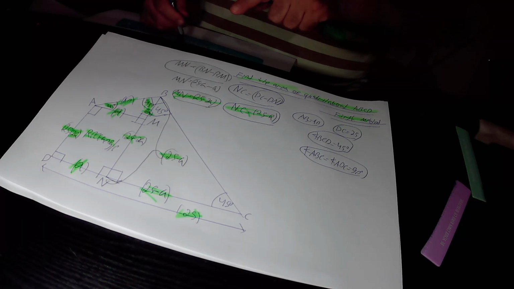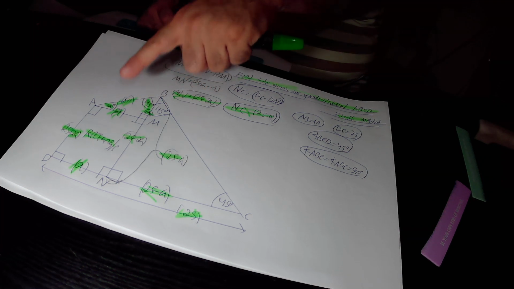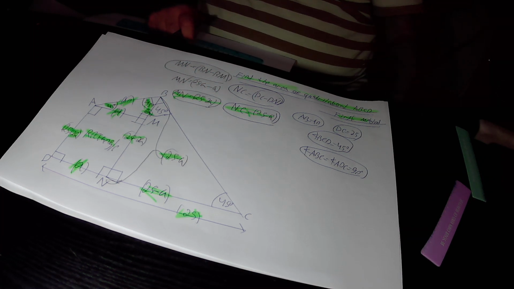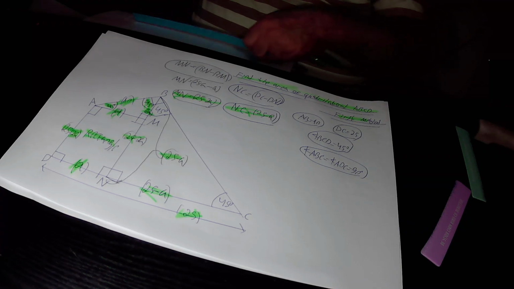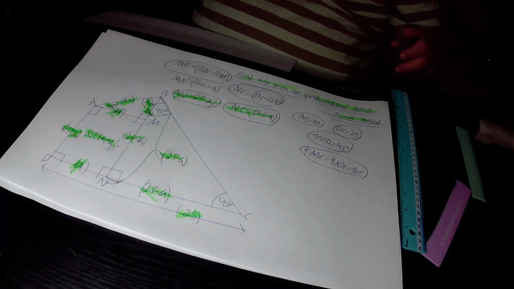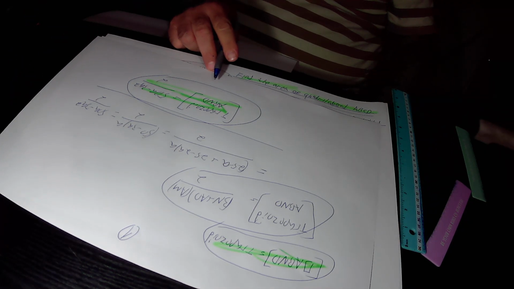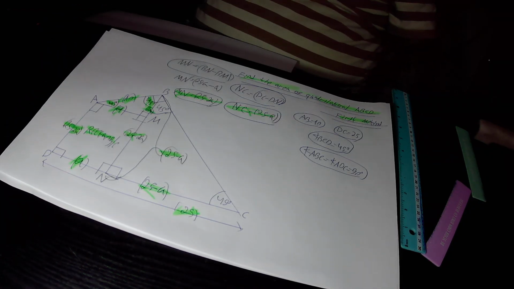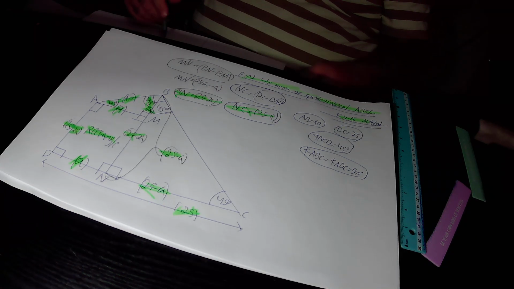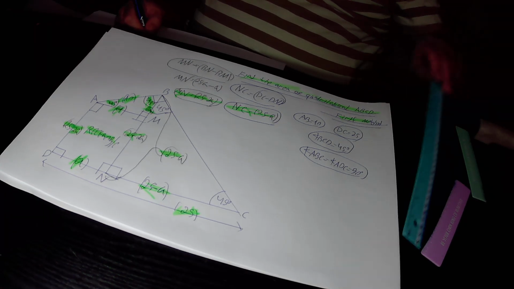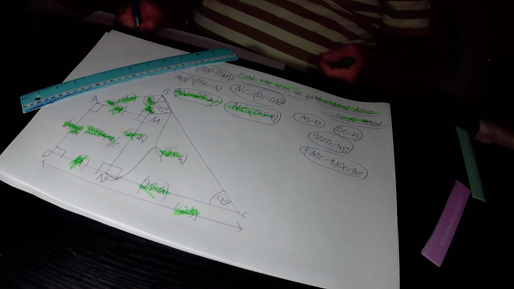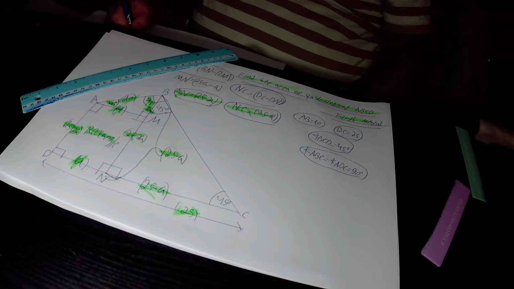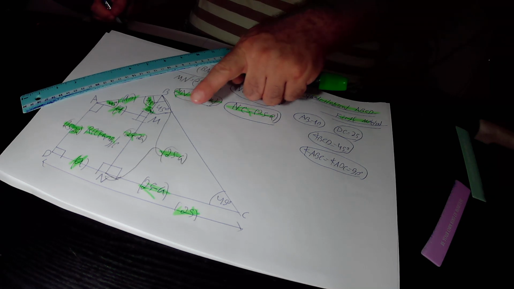We have already found out that the area of trapezoid ABND equals 50A minus 3A squared over 2, plus the area of the right triangle BNC.